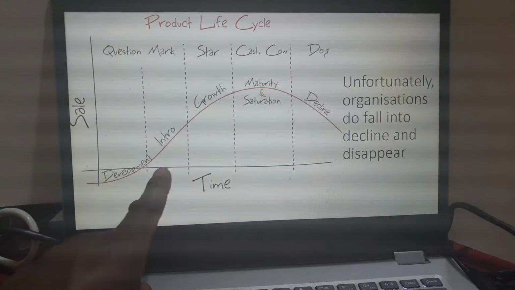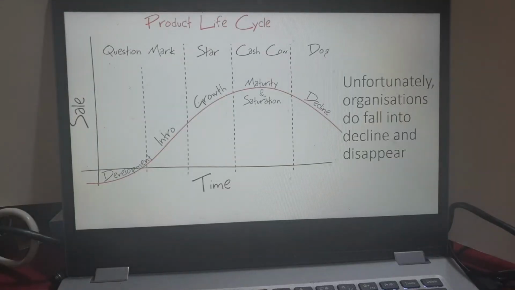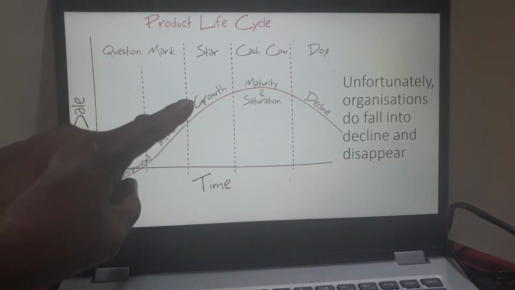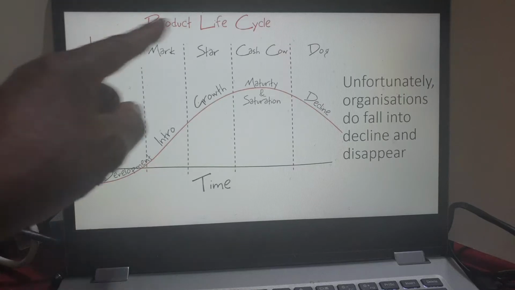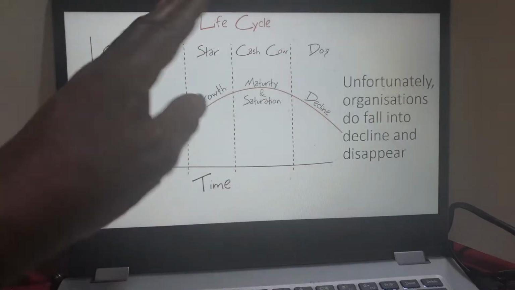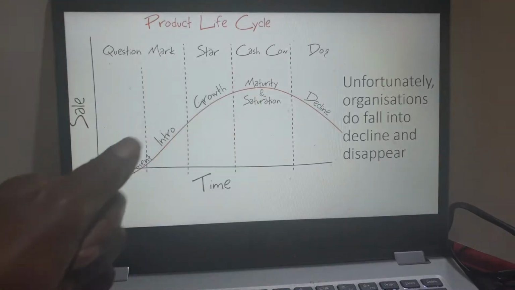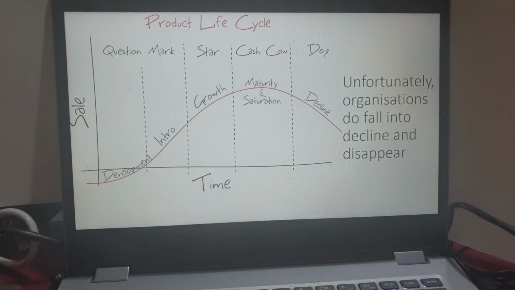And then after some time, the business grows. That's growth. Now it becomes a star, a rising star. And after further time, it matures, saturation, and now just a cash cow, bringing you profits. You sit back and enjoy.